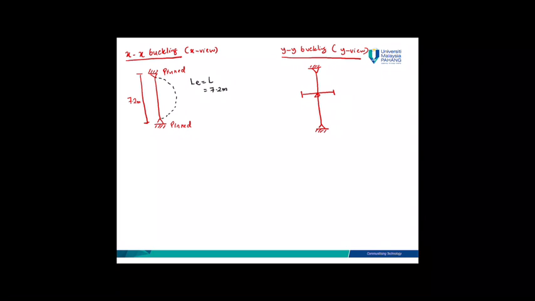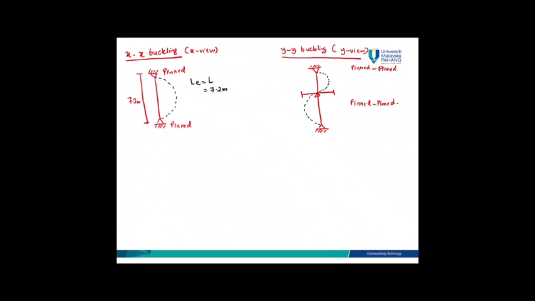This is a pin. Up here is a pin. Down here also is a pin. Then you draw the buckling shape, pin to pin and pin to pin.